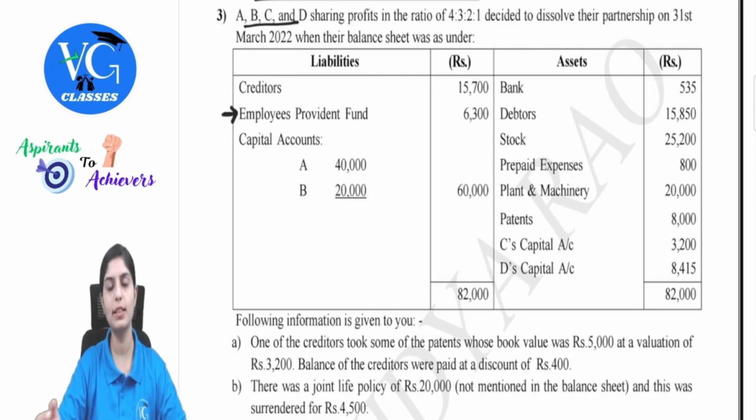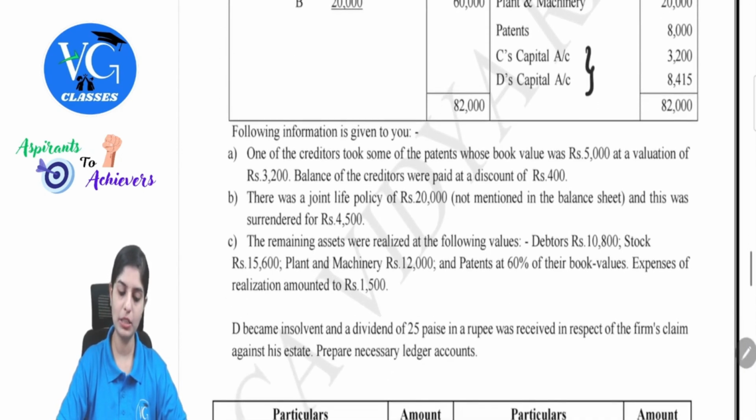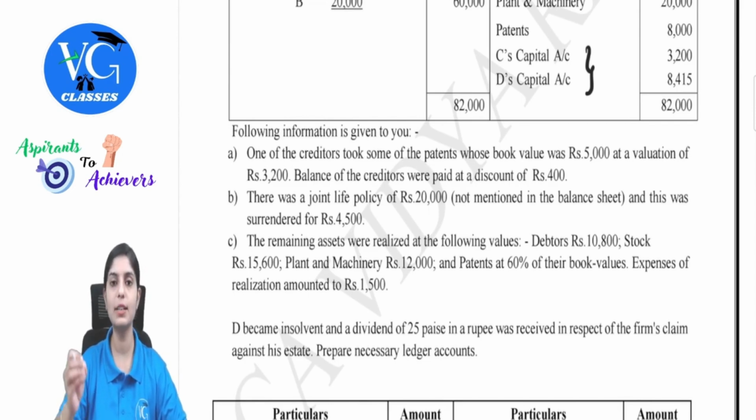So you will treat it as a normal outside liability. For capital accounts, A and B have a credit balance, and the other 2 partners have debit balances. Fine. The following information is given. One of the creditors took some of the patents whose book value was 5,000 at a valuation of 3,200. The balance of the creditors were paid at a discount of 400.